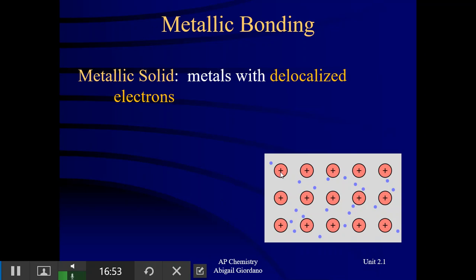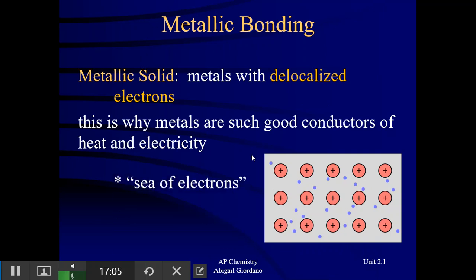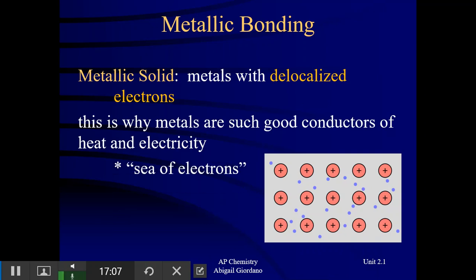So a metal is nothing more than positively charged cations with electrons flowing through them like water almost, okay? And sometimes you will see metallic bonding described as a sea of electrons, meaning electrons can flow so well and so easily, it's almost like they're flowing like water, which is why they are such good conductors of both heat and electricity, okay?